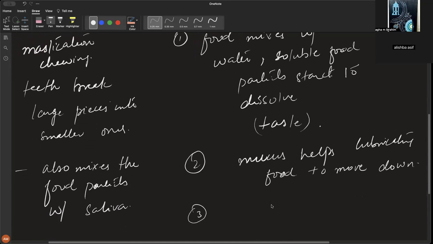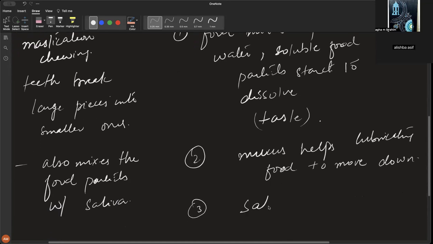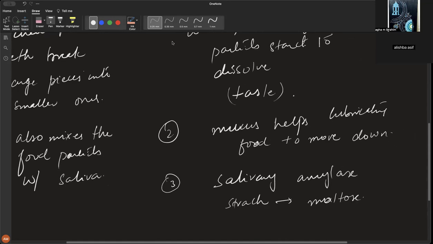And the third is salivary amylase. It starts to break down starch into maltose. This is the first chemical digestion that starts to take place.